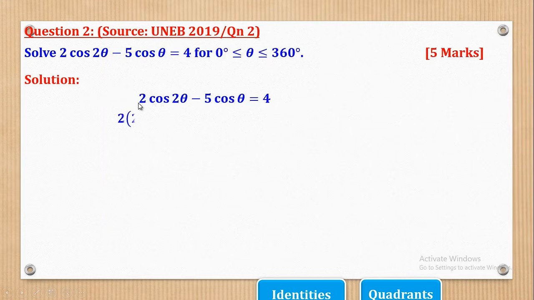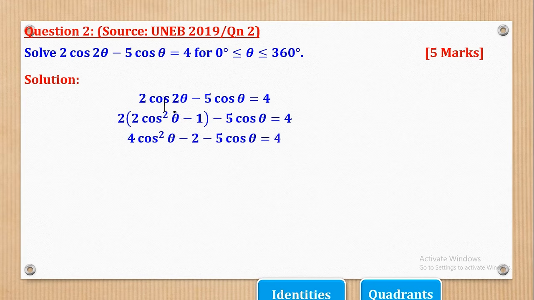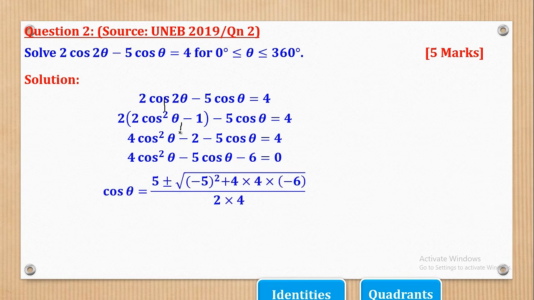Now our a is theta, so this one becomes 2 cos squared theta minus 1. Then when I open brackets I come up with that, then collect like terms to get a quadratic, then use the formula or factorizing to solve for cos theta.